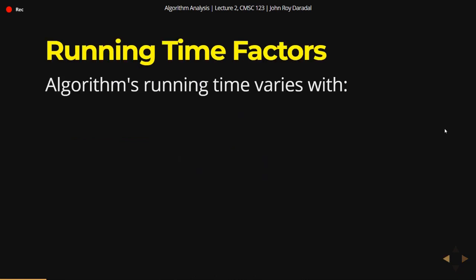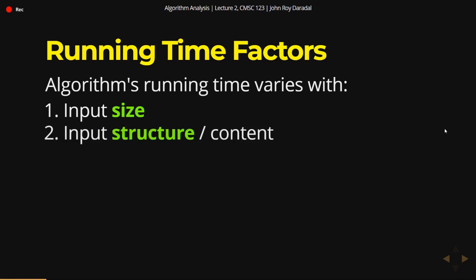There are actually a lot of factors that affect the algorithm's running time. Some of these are the following. Number one, input size. In general, the bigger the input size, the longer it takes to process the data, right? So it will take a longer running time. Next, input structure or content. An organized data structure could be processed faster by an algorithm compared to an unorganized data structure.